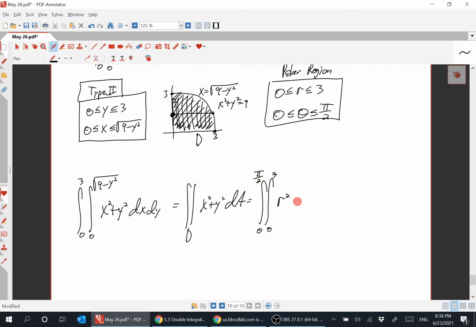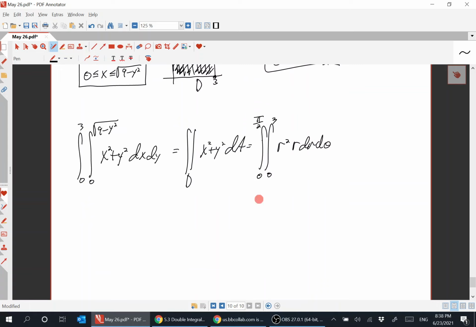X squared plus y squared is just r squared. dA is r dr d theta. So 1/3 r to the third from r equals 0 to r equals 3. So that's 3 to the third over 3, that's just 9, 9 d theta, that's just a constant. So it's 9 times the difference of these two, so it's 9 pi over 2.